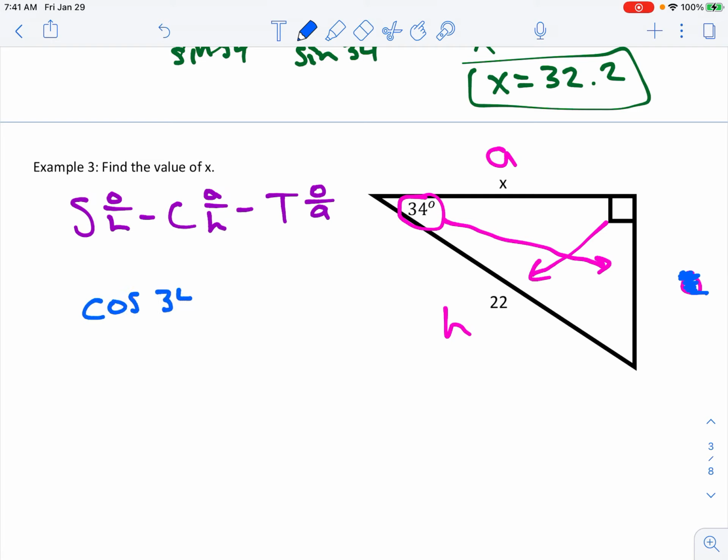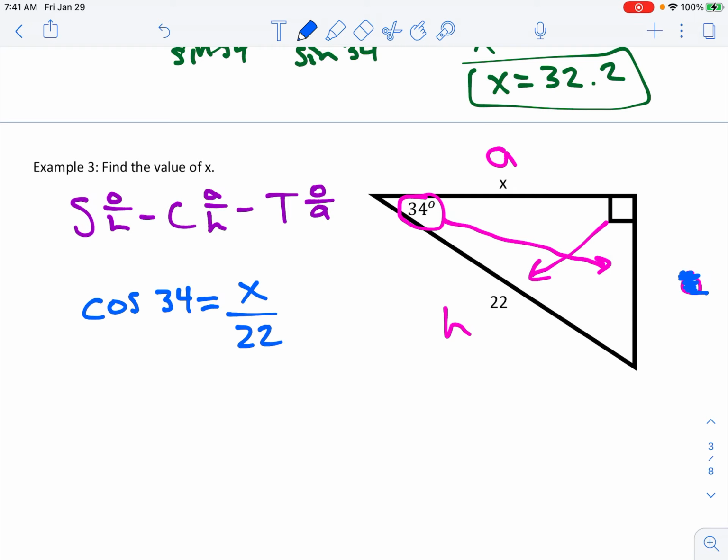Cos of the angle, cos has A and H, equals, I need adjacent first, so X over hypotenuse 22. Now you'll notice the difference from the example right before this is that X landed on the bottom in that one. We're now looking at what happens when X lands on top.